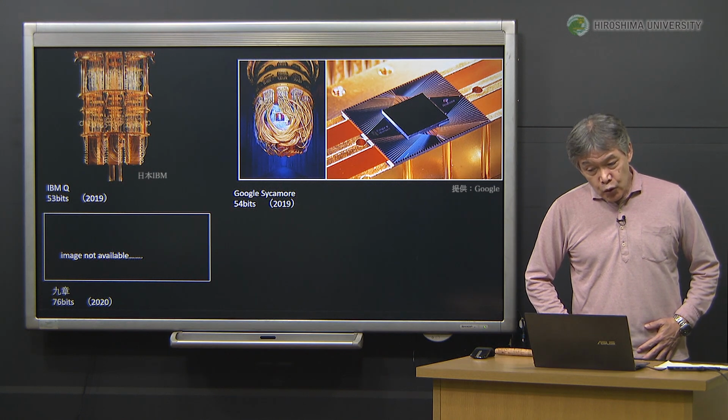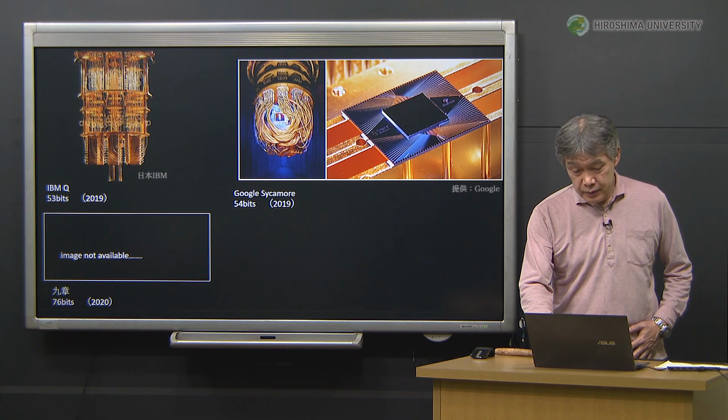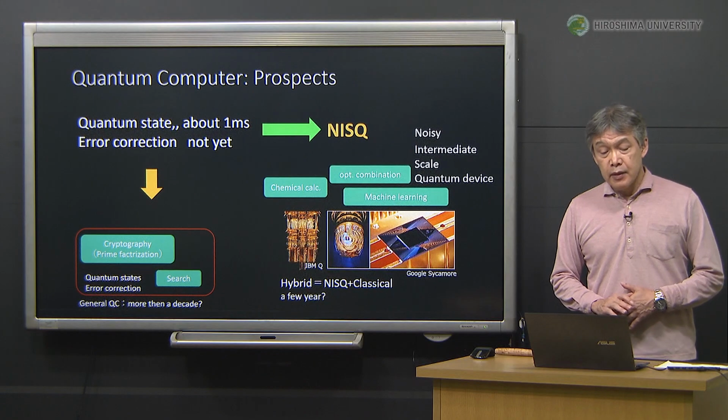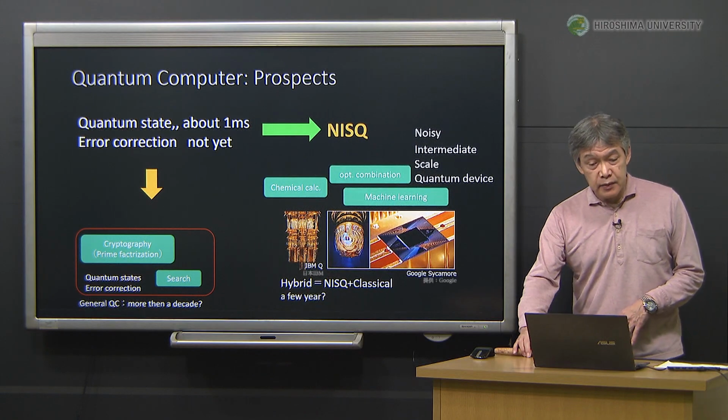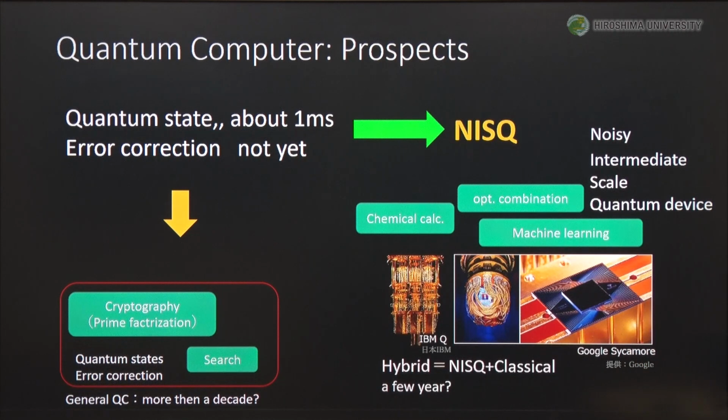But this is not the whole story at this moment. The point is how long we can keep that quantum state inside the computers. That is about 1 millisecond. That 1 millisecond is not long enough to complete quantum computing.